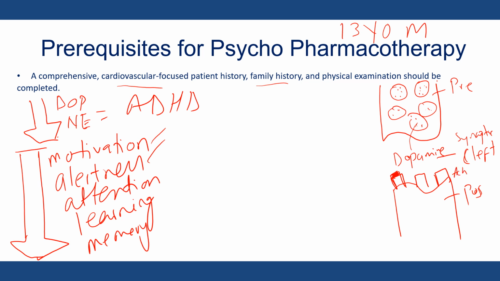And receptors for dopamine are also specific. You have a D1, D2, D3, D4, D5, and for acetylcholine you have either a muscarinic receptor or nicotinic receptors. But the point here is they're very, very specific.